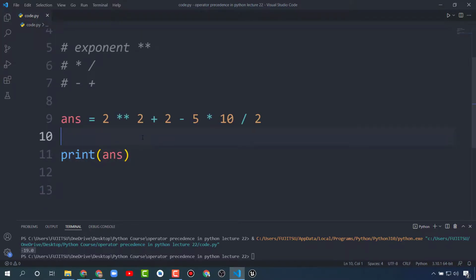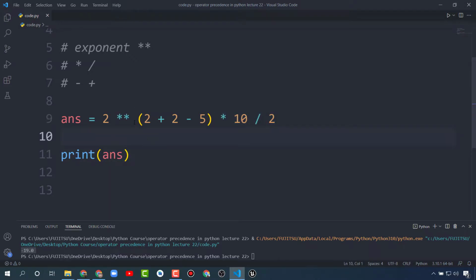But we can control these precedences. We can use braces, brackets. So if I use braces here, then first of all when the program starts, this subtraction and addition will be performed, and then the exponent, and then the multiplication and division.